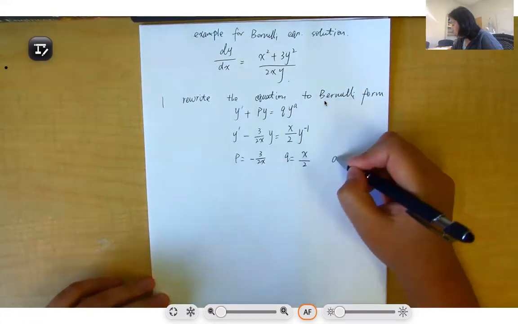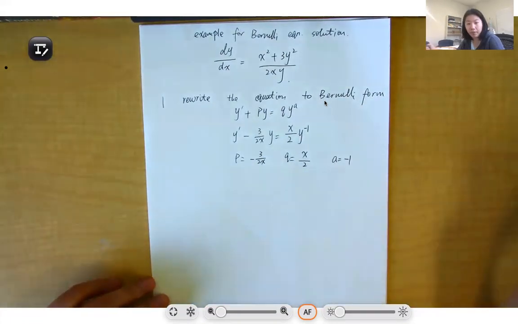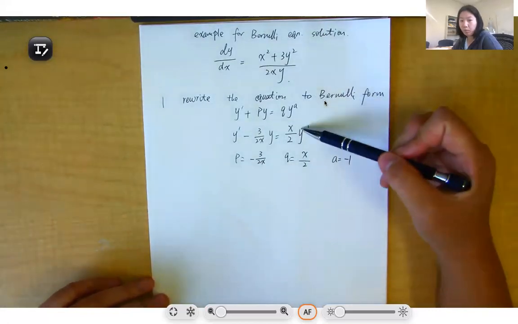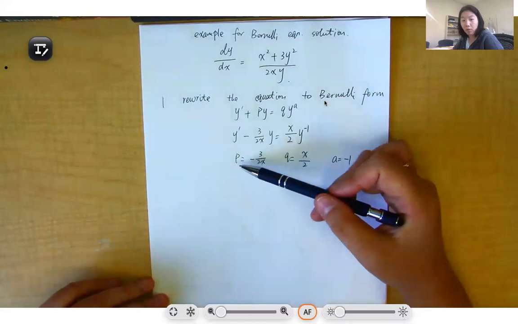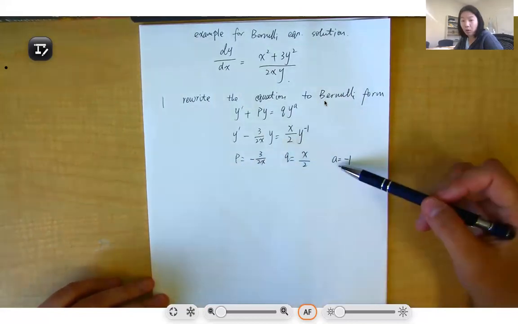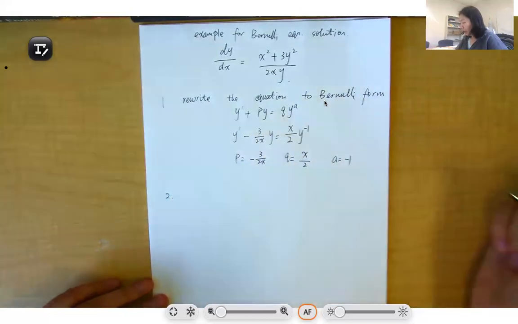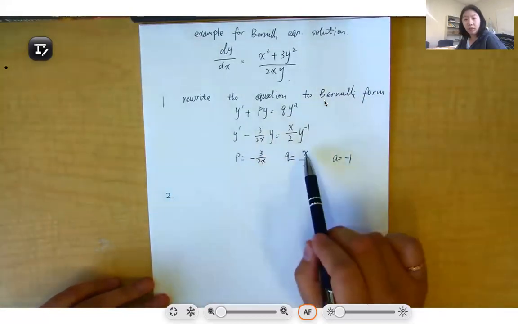Then a will be equal to minus 1. So we are rewriting this example into the Bernoulli form to figure out what our coefficients are and what our order a is. Then we know that this is a Bernoulli equation form.